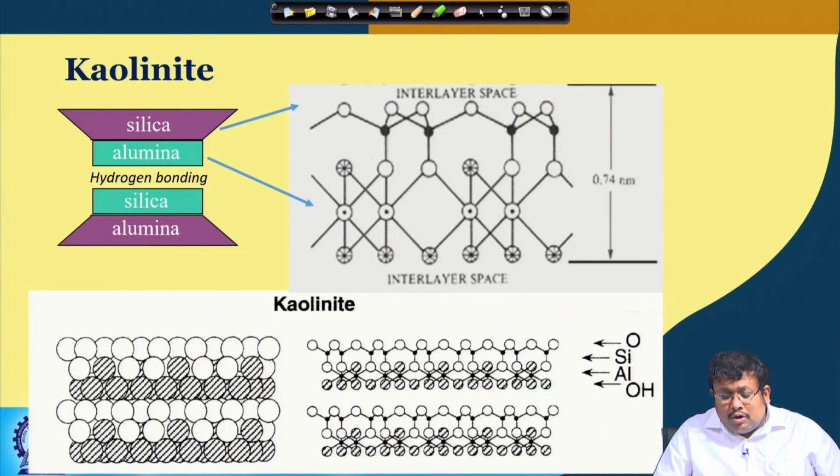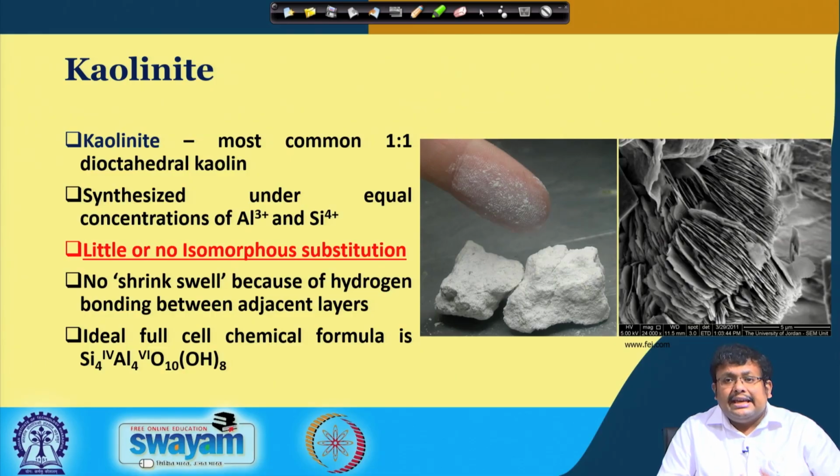So, there is no excess negative charge development here, because there is no isomorphous substitution in case of kaolinite. As a result of that, there is no shrinking and swelling property in kaolinite because of hydrogen bonding between the adjacent layers, and that is why this type of mineral, kaolinite, is nutrient poor, and the ideal full cell chemical formula is given here.